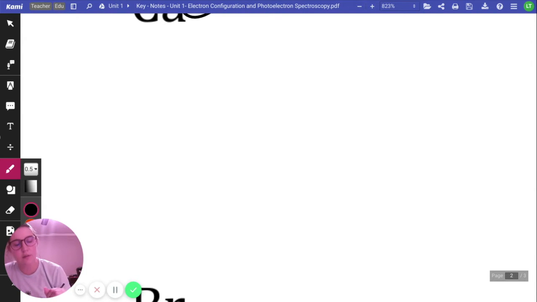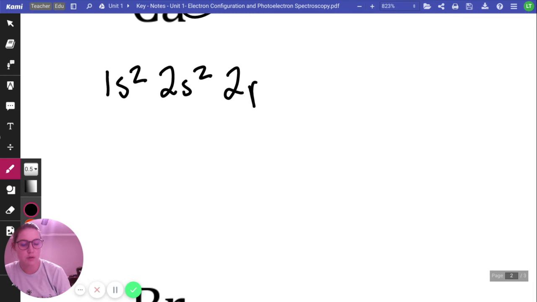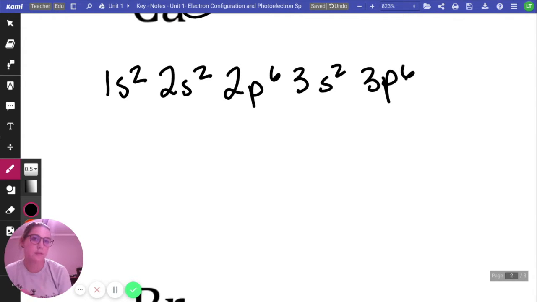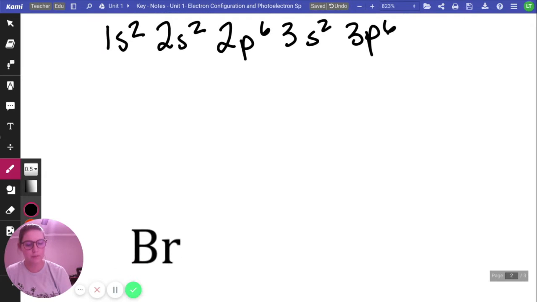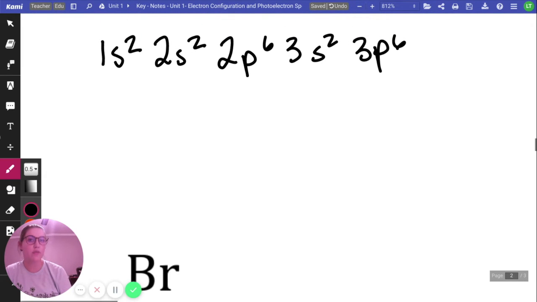All right, so argon: 1s2, 2s2, 2p6, and then 3s2, 3p6. That would be 18 electrons right there. Argon. That's where we got to. All right, so that's our first type of configuration. That's just our normal electron configuration.